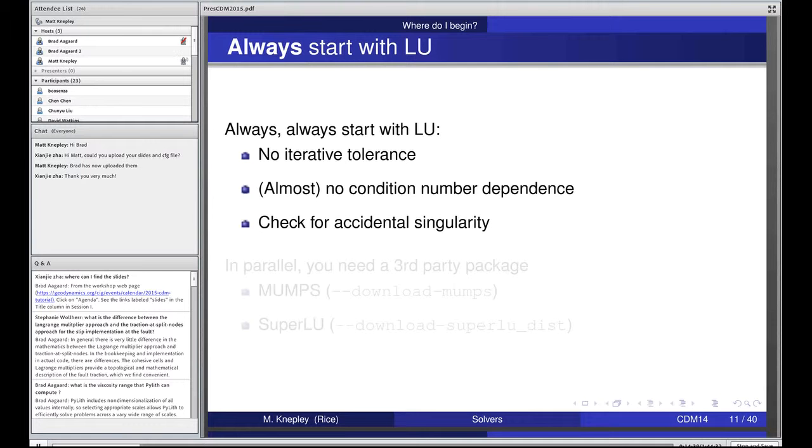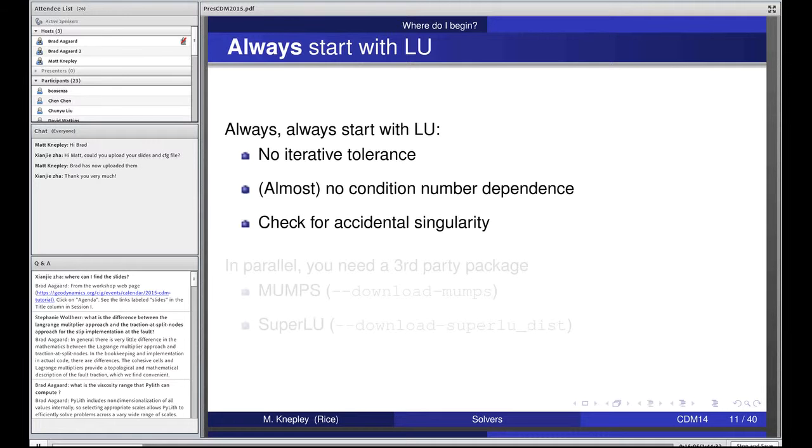They have no tolerances to mess with. They have very little dependence on the problem itself, and here I say condition number, but they don't depend very much on the problem or the physics for getting an answer. And it's a great way to check that your problem was well posed, or here I say not singular, because you can evaluate the error very, very simply.